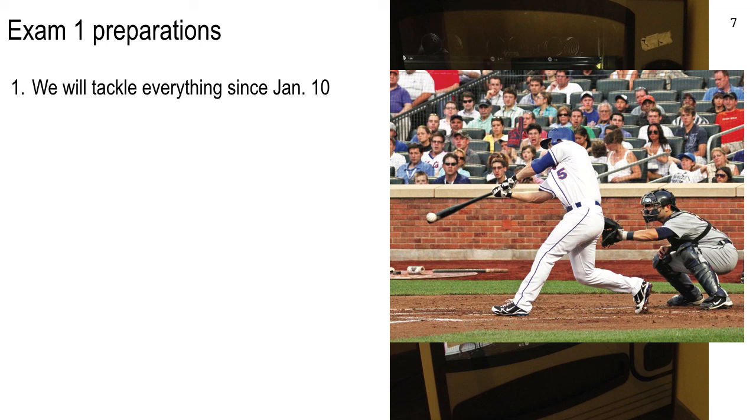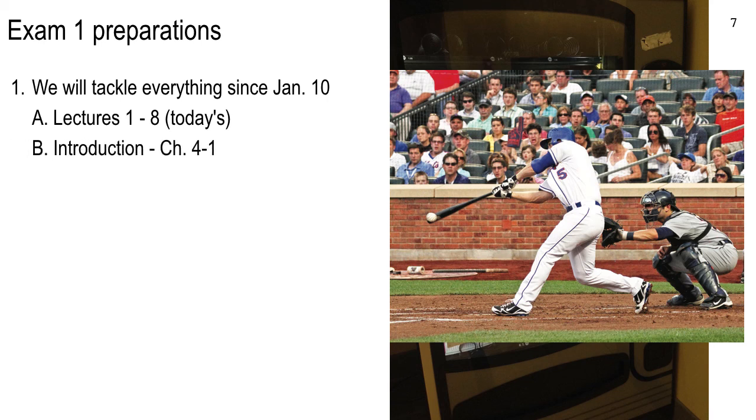Now, I'm just going to go through a short spec sheet of information about the exam, 50 points. We're going to tackle everything since January 10th, so that means lecture 1 through lecture 8. That's today's lecture. It also means everything from the introduction in the textbook up to section 4.1, which we're going to tackle today.